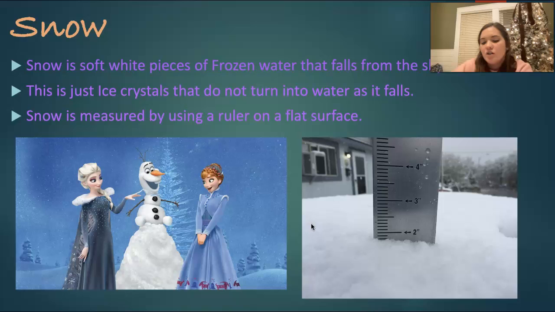Or maybe it starts snowing at 3 o'clock in the day and you decide to go out there and check it at 5 o'clock. You can know how much snow has actually fallen in a couple hours or a couple days or a week. It'll tell you exactly that. You just need a flat surface and a ruler.